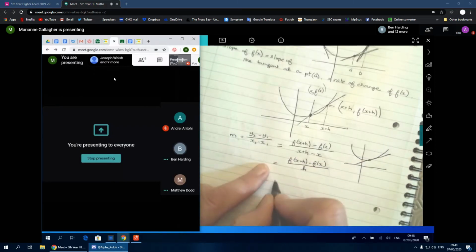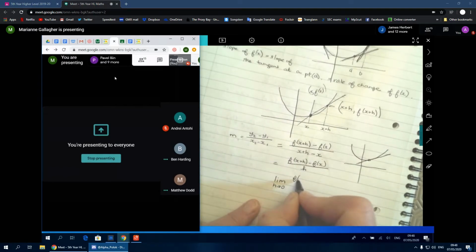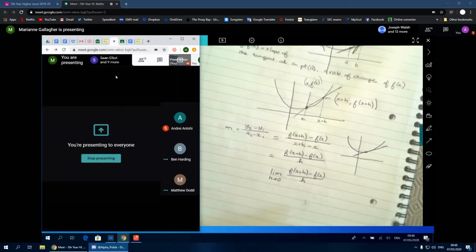Okay, so what we do is we say h is getting really, really small, so we're getting the limit of that, the limit of the slope when h is tending to 0. And that's the definition of the slope of the tangent. So it's the difference in two points on the curve when the two points are so close together that there's practically 0 difference between them.